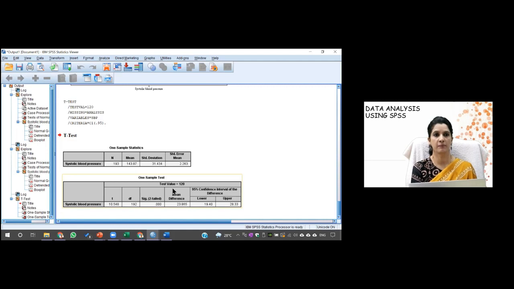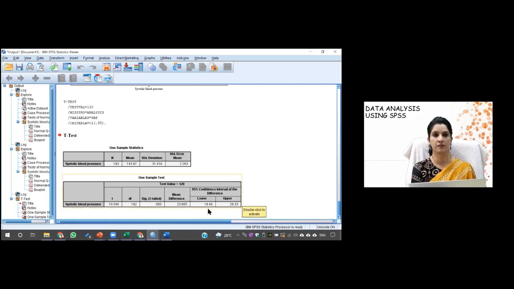If you see the descriptives, for systolic blood pressure the mean of my sample is 143, and the mean against which I have tested it was 120. So there is a mean difference of 23.86, which was significant.